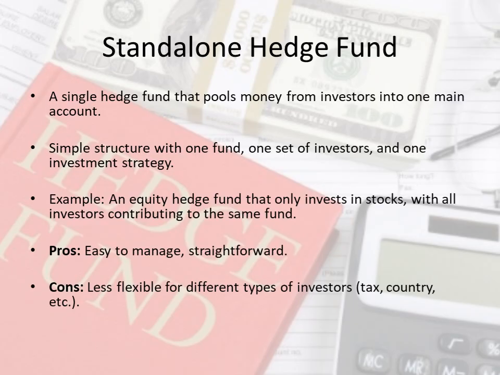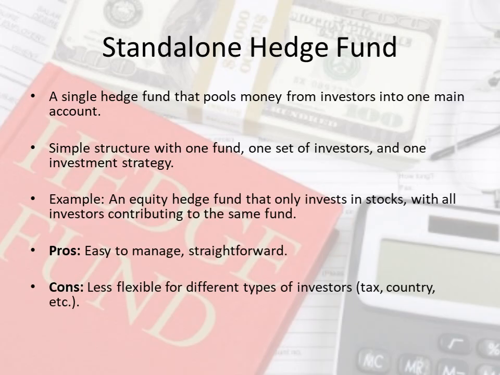You all put your money into one pot, and then a manager, like a financial expert, decides what to buy or sell. This is what a standalone fund is like. For example, a hedge fund might only focus on investing in tech companies like Apple, Microsoft, or Amazon.